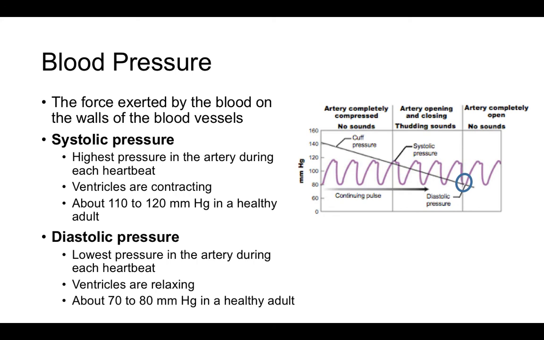So the diastolic pressure needs to actually be some type of pressure so that the blood can be pushed all the way through the body. Typical for an adult is about 70 to 80 millimeters of mercury. So normal would be 120 over 80 or 110 over 70. If you're an experienced athlete and extremely physically fit, this is much lower because your heart is much more effective with each contraction.